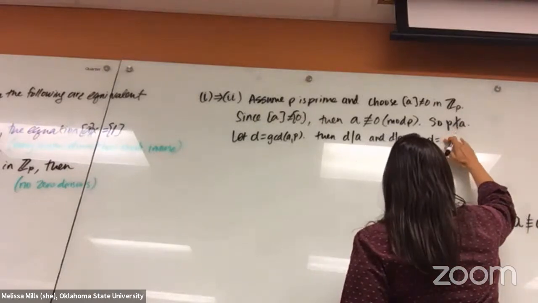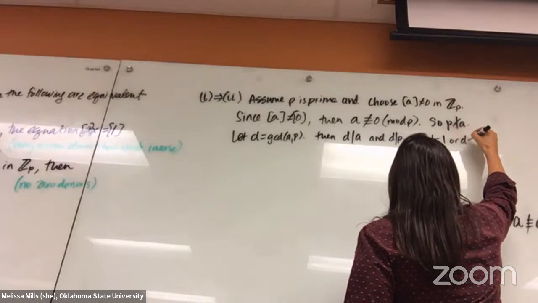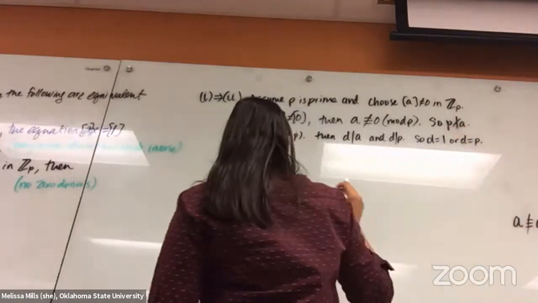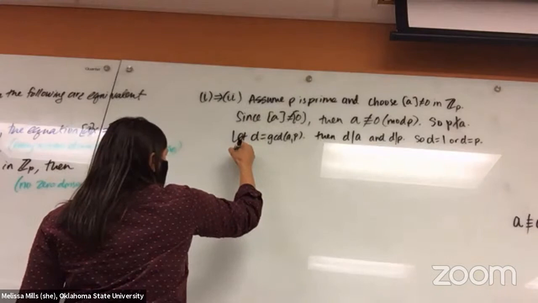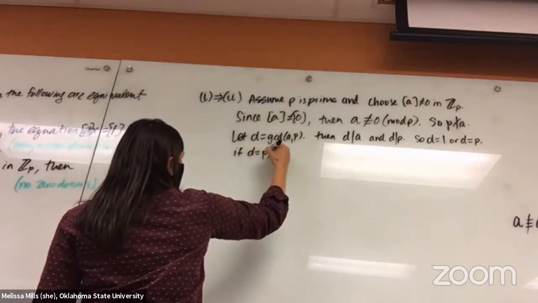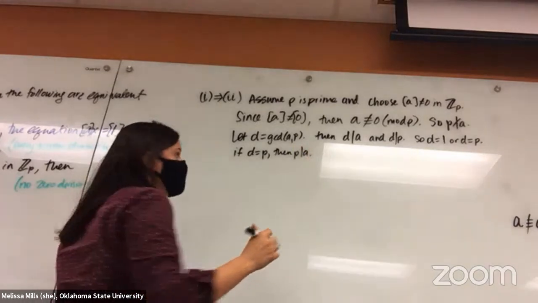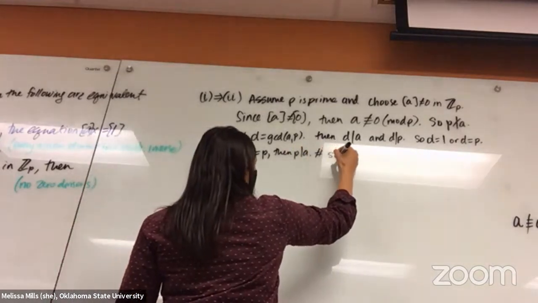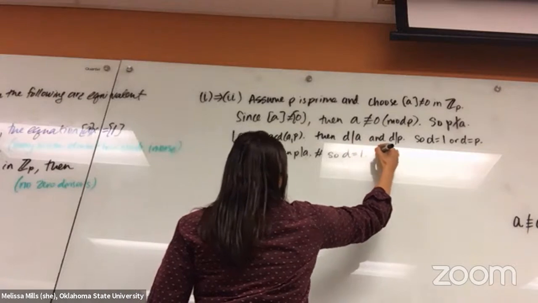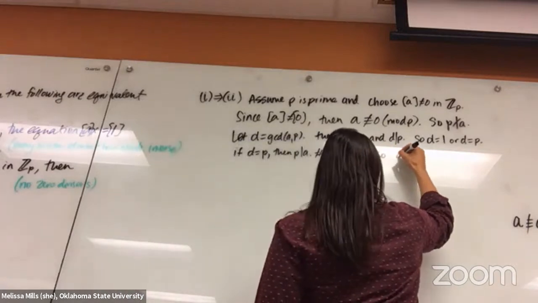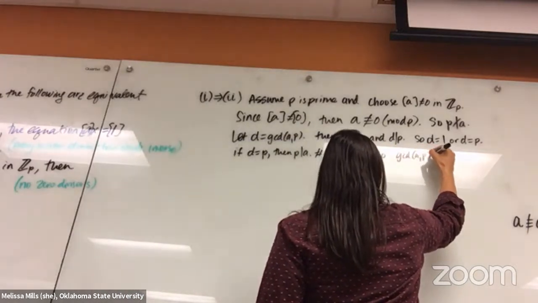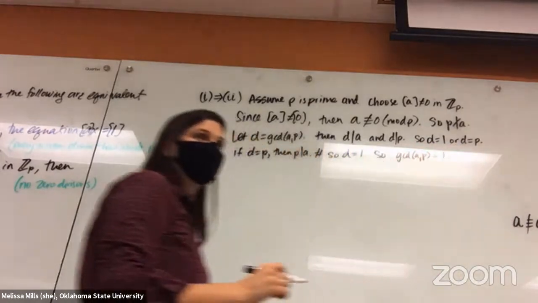So D is equal to 1 or P. But if D equals P, then P divides A. But that's a contradiction. So D must equal 1. So the GCD of A and P equals 1.